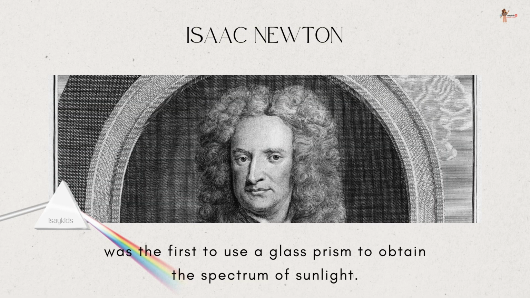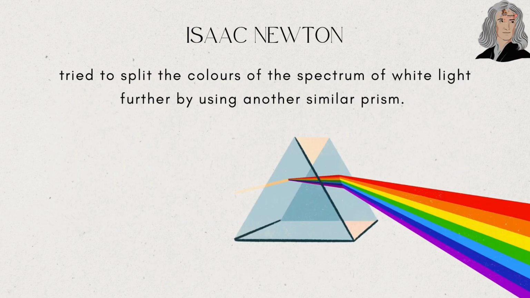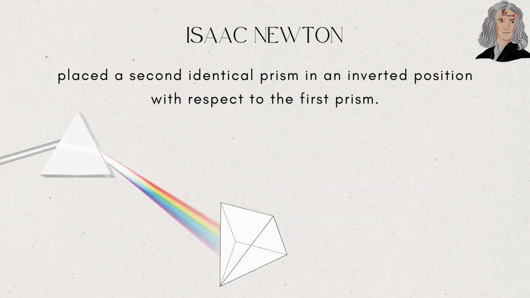Isaac Newton was the first to use a glass prism to obtain the spectrum of sunlight. He tried to split the colors of the spectrum of white light further by using another similar prism. However, he could not get any more colors. He then placed a second identical prism in an inverted position with respect to the first prism, as shown here.